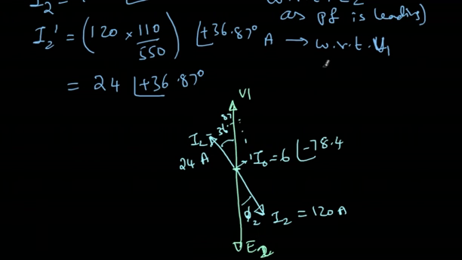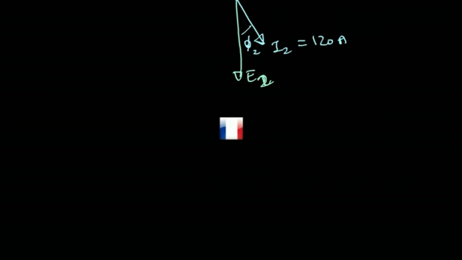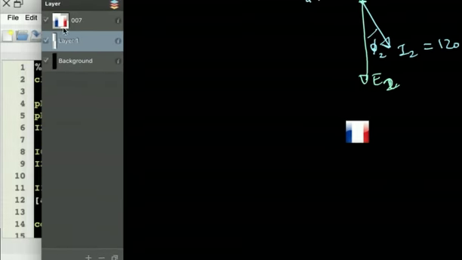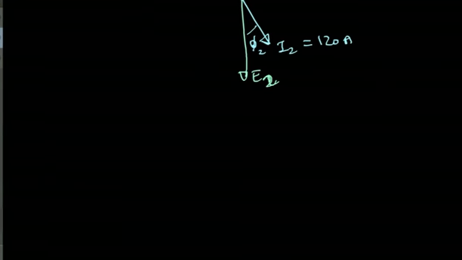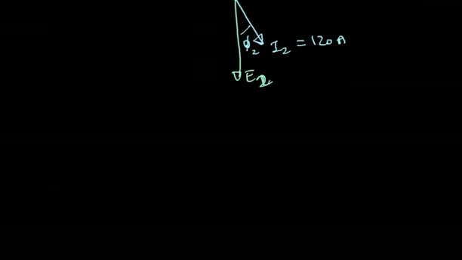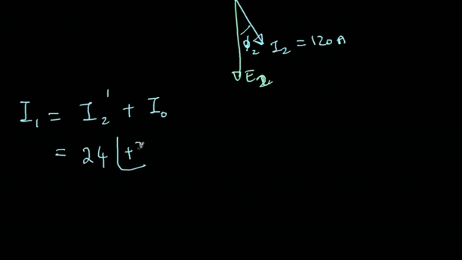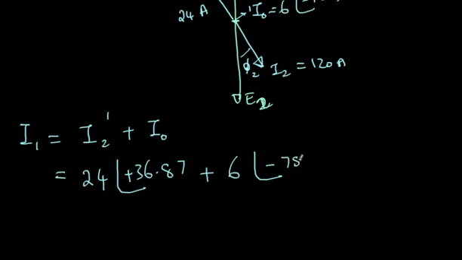So to do this, let me write the formula. I1 is nothing but I2 dash plus I naught. I2 dash in our case now is 24 amperes at an angle of plus 36.87 with respect to V1, and I naught is 6 amperes at minus 78.4 degrees.